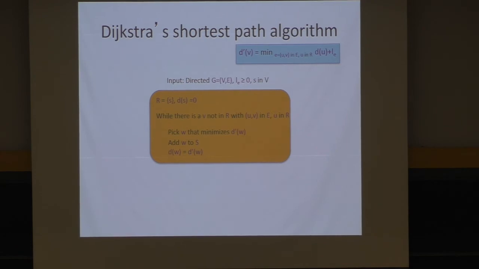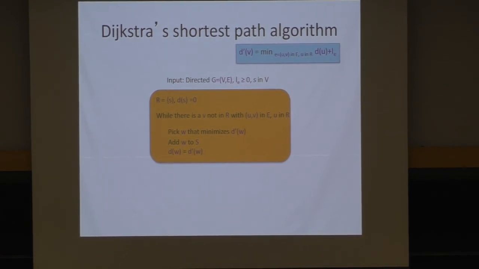All right, so as we went over the runtime analysis of Dijkstra's algorithm a bit quickly last time, I'm not going to go over it again, but just situate where we are so we can read up in the book. Basically what the algorithm does is maintain a set R of vertices that it has computed the shortest distance from the original start vertex S to. At any point of time it looks for something that's outside and connected by an edge to something inside.